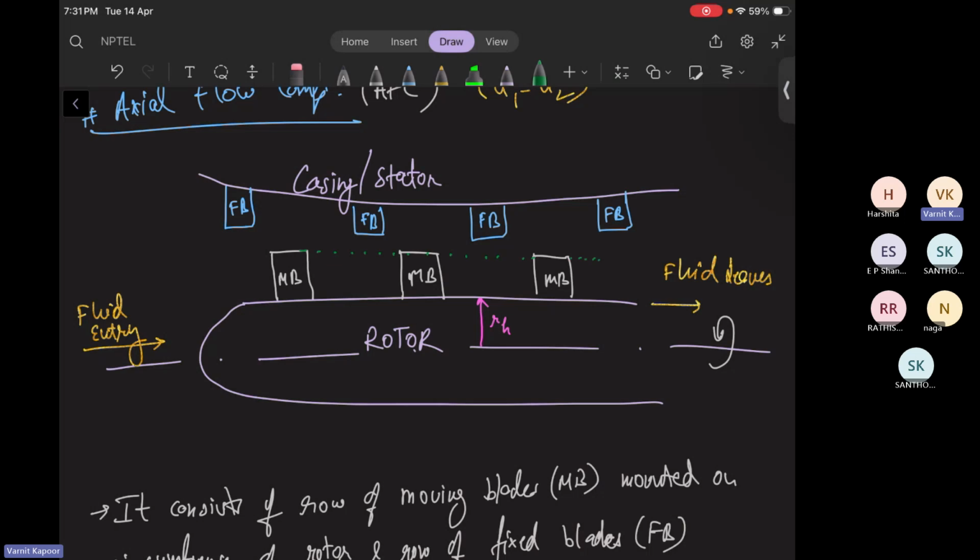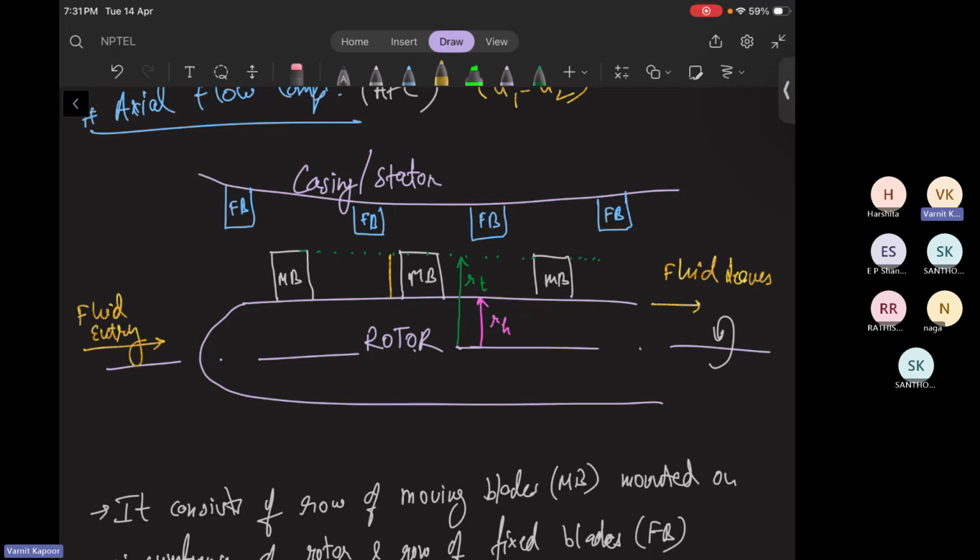This is your RH, the hub radius, and RT is your tip radius. So what will be your height? It will be the difference of the two. That is your height of the blade.